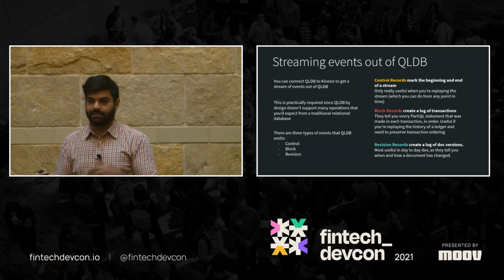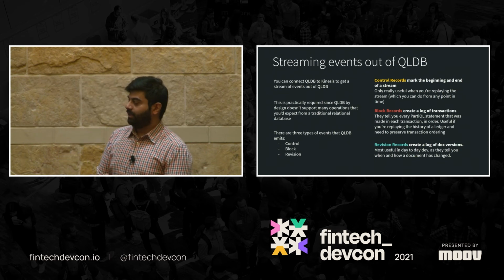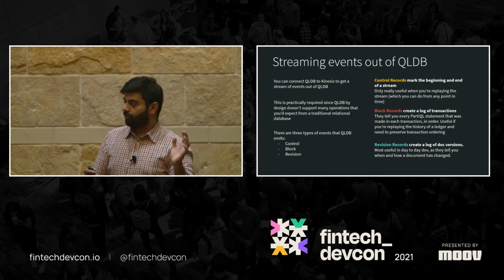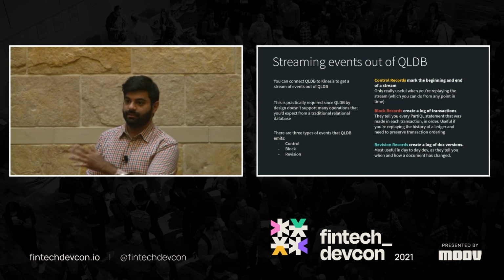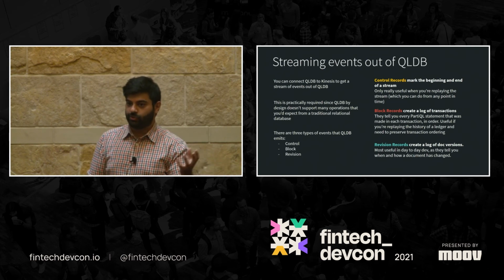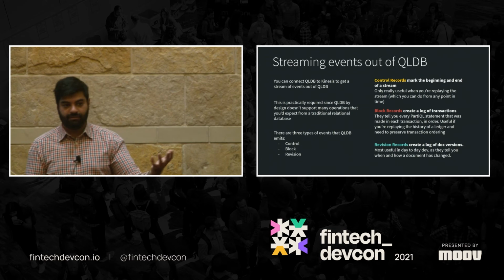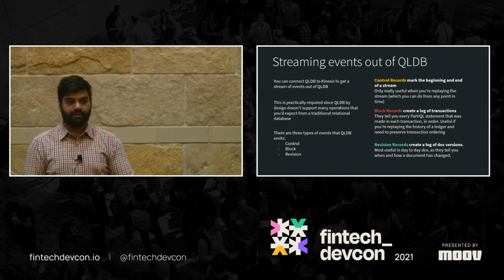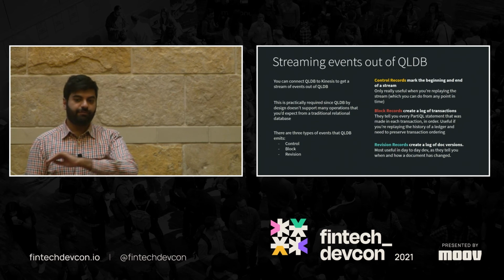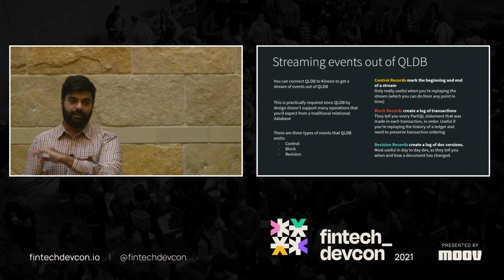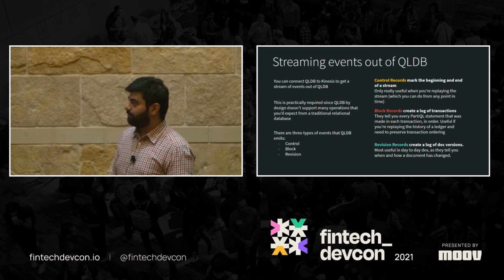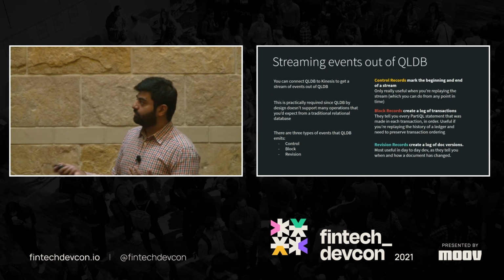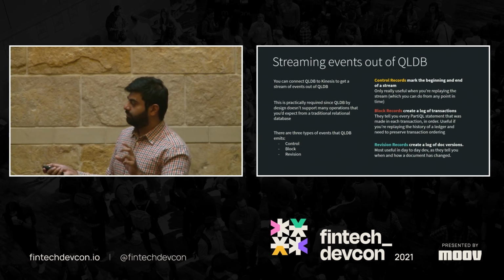That's built in, so from the beginning of time you can replay your entire database into a stream and do something with it. If you want to archive it, back it up, or migrate the data to something else, you can just say, every event you've ever sent, replay that. For that type of use case a control record is useful, but that's pretty niche usually.